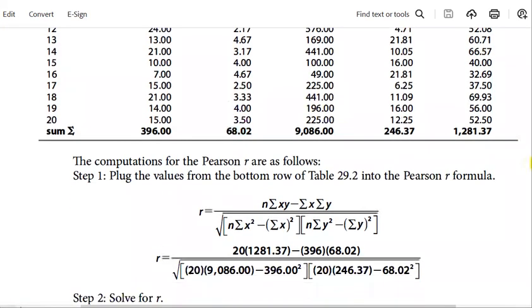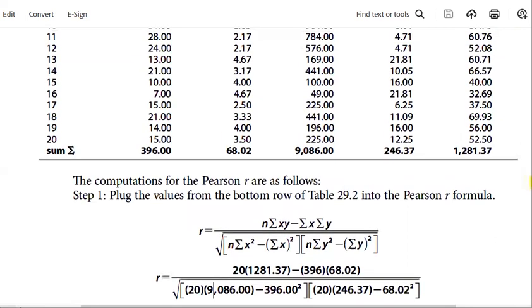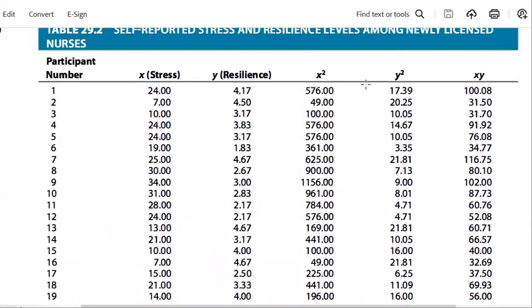And then the denominator. Now the denominator does have a square root sign, so we can't forget to take the square root of the values when we have worked the math inside of the brackets. But we have, again, sample size of 20, and then we have the sum of x squared, stress squared.